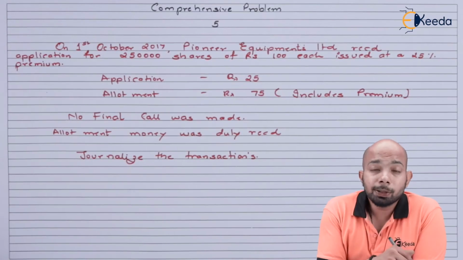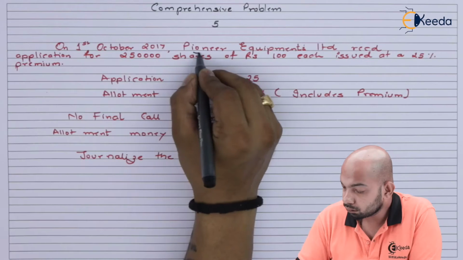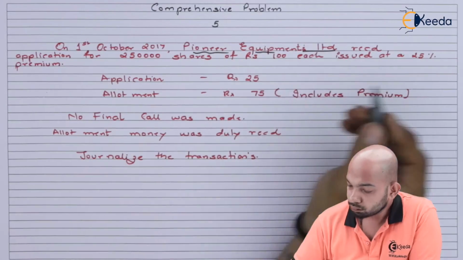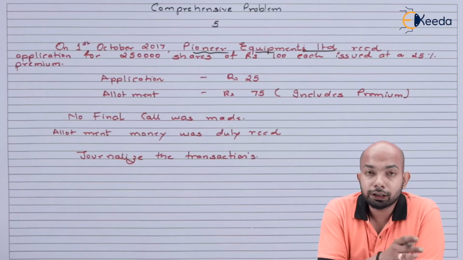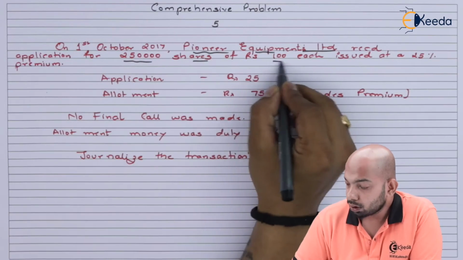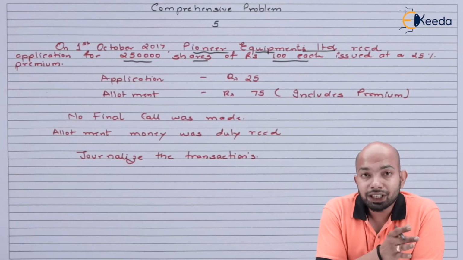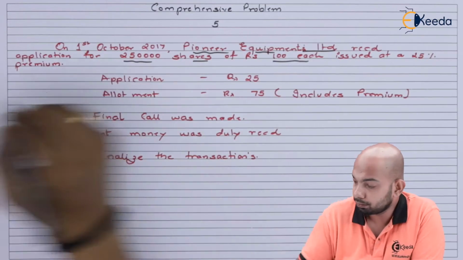Now, the illustration that has been mentioned here refers to Pioneer Equipments Limited. On 1st of October 2017, Pioneer Equipments Limited received an application for 250,000 shares. The face value of every share was 100 rupees, which was issued at 25% premium.